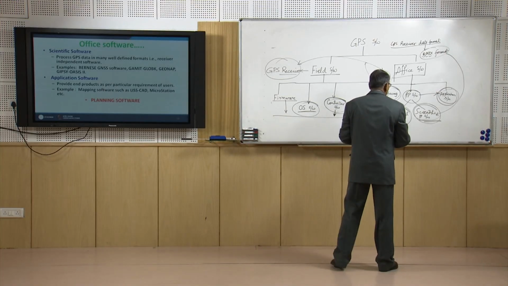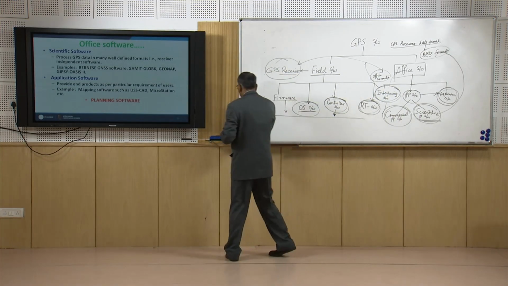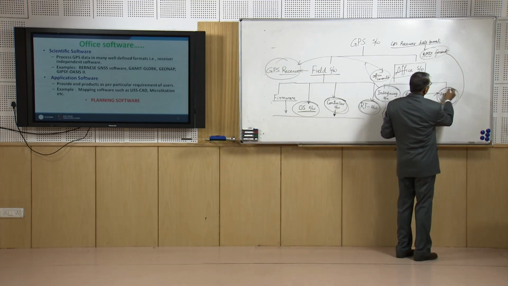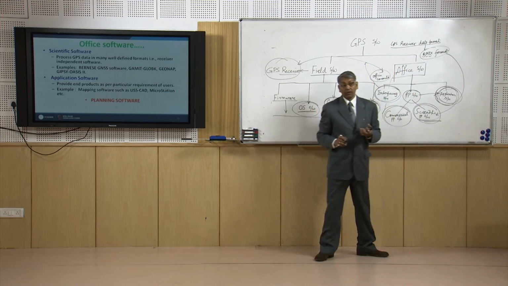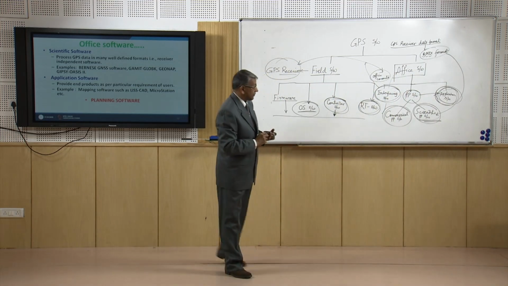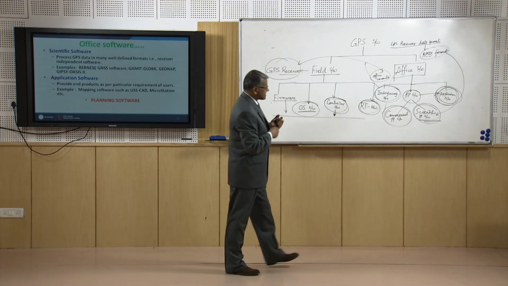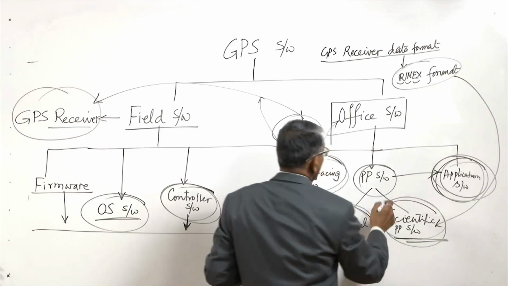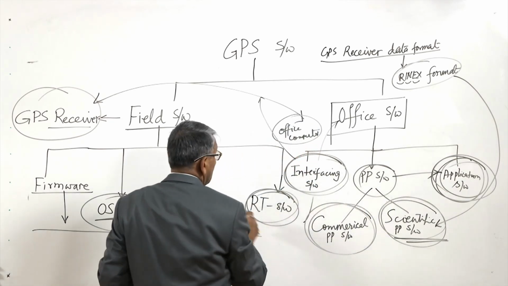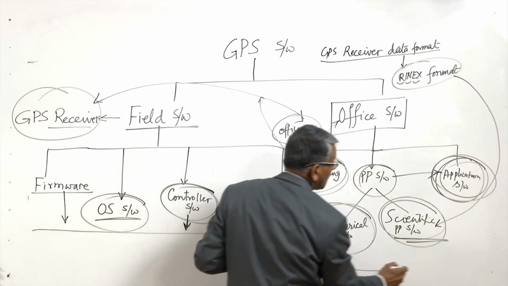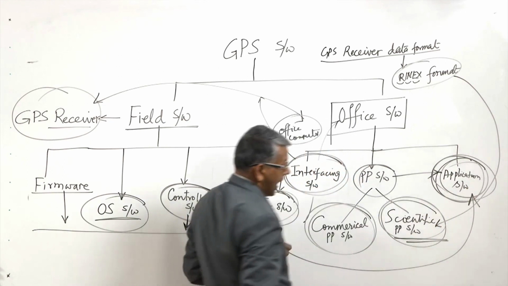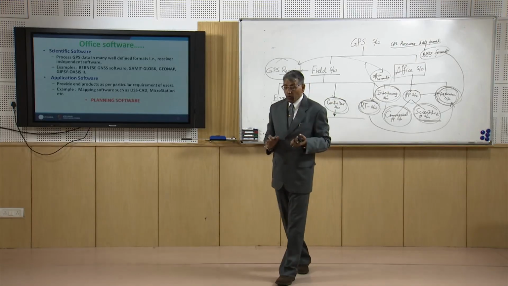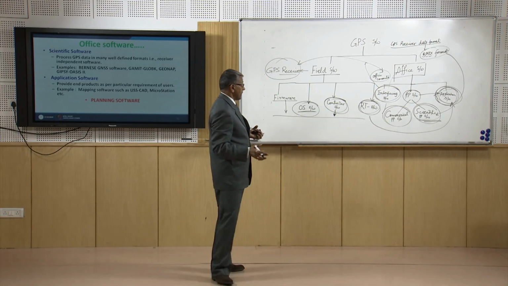Another type of software, prevalent in view of particular applications, is called application software. What this software does is import the data from our GPS receiver and process the data for some particular application.